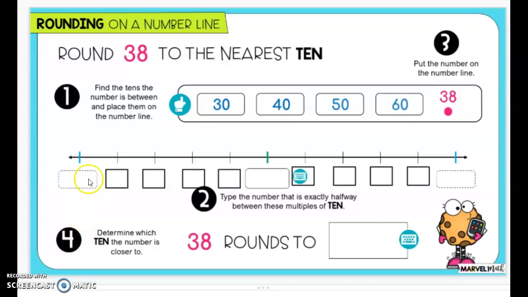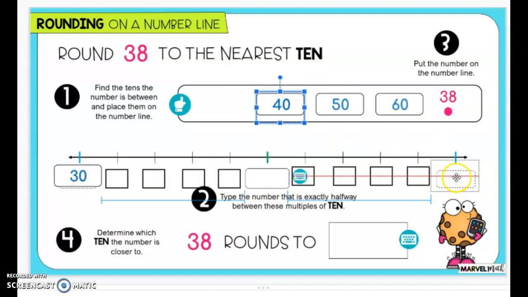So on your number line, you're going to put the two multiples of 10 that you have here. The two multiples of 10 that 38 falls between are 30 and 40.